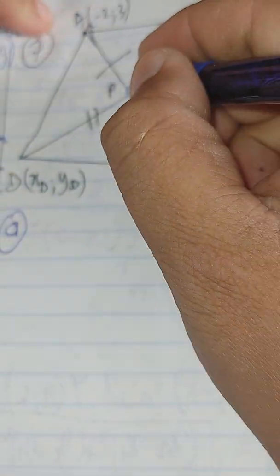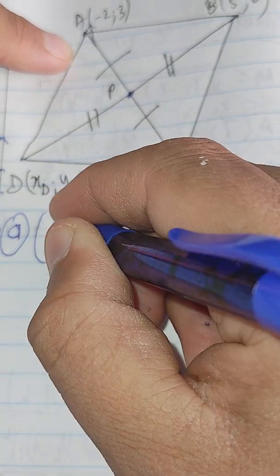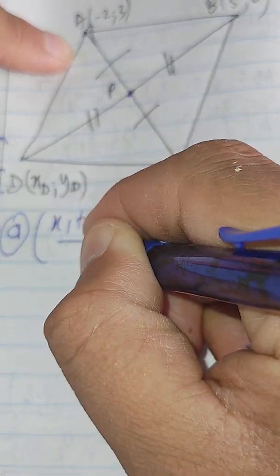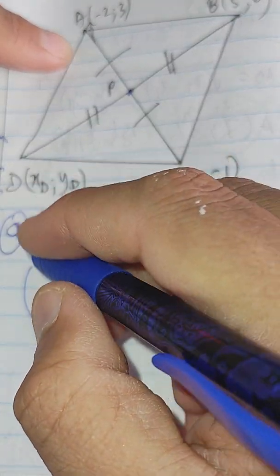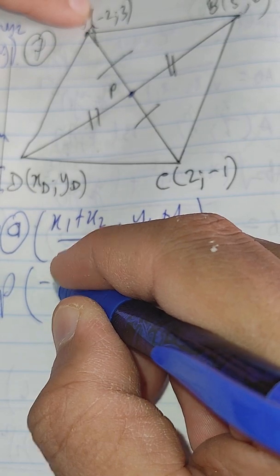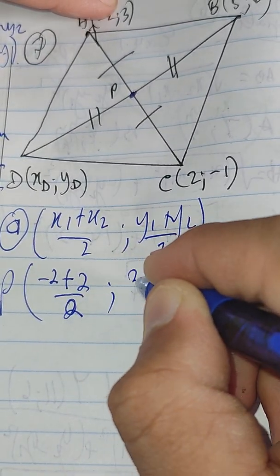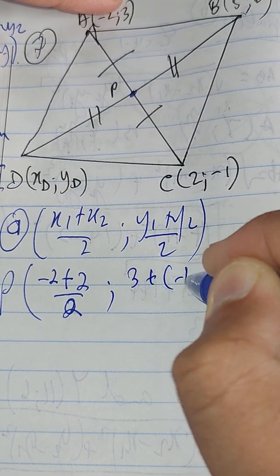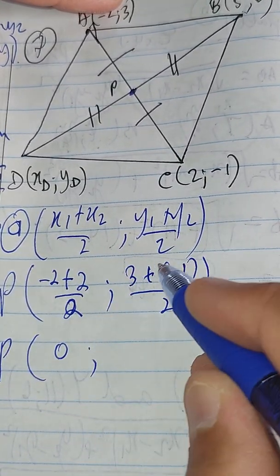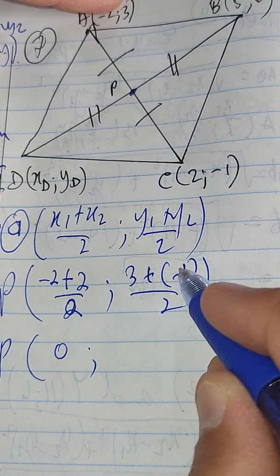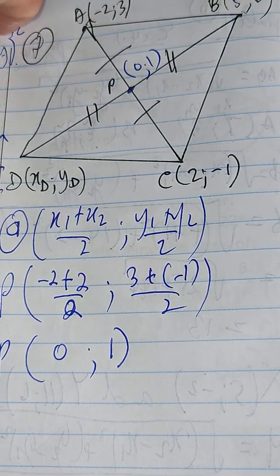So for the midpoint of AC, it's x1 plus x2 over 2, y1 plus y2 over 2. That is negative 2 plus 2 over 2, which is 0 over 2, which is 0. 3 minus 1 is 2 over 2, which is 1. So P is 0 and 1.